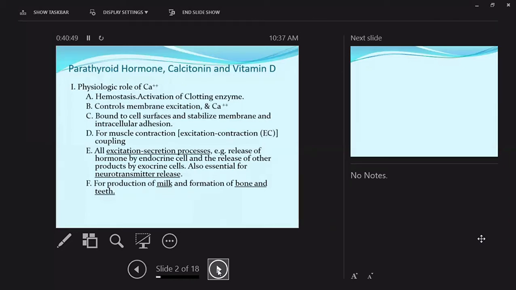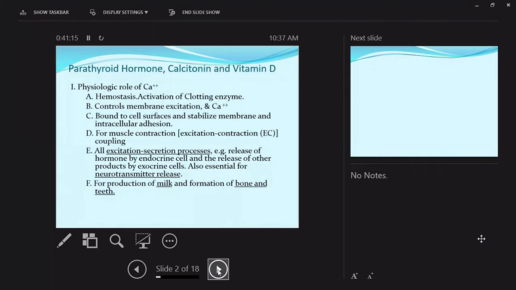Then the vesicles will attach to the cellular membrane, and acetylcholine is released. Without calcium, vesicles cannot attach to the cellular membrane. So that is one importance.